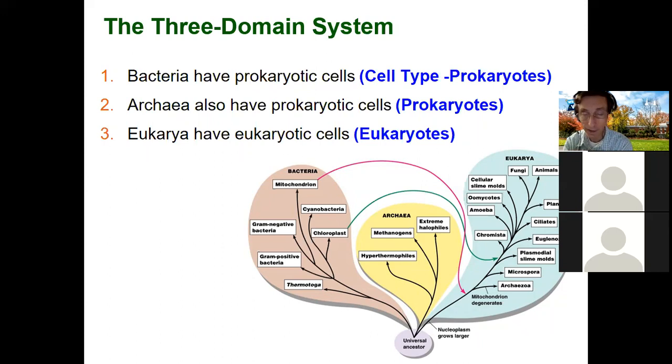I'm not going to talk about that further because your book does not discuss it. It refers to them as a cell type. But I'm just telling you that some authors call it a super kingdom, a classification of life above the kingdom. Any question about any of that?